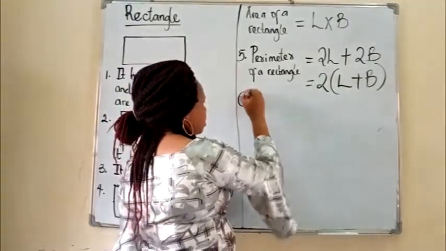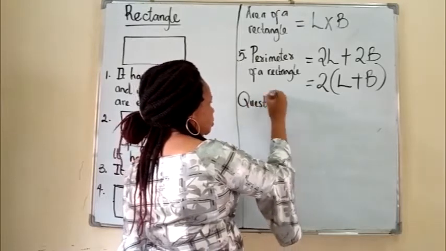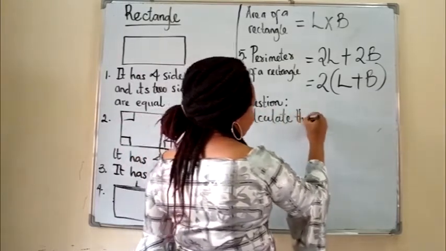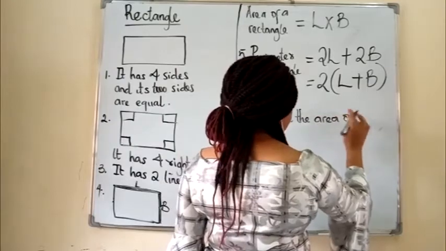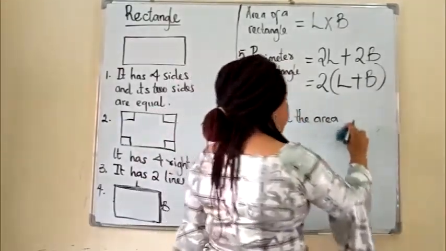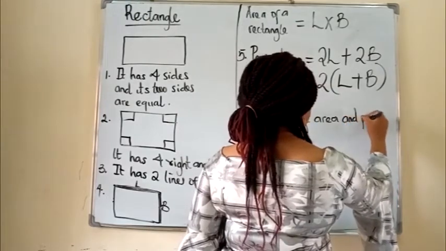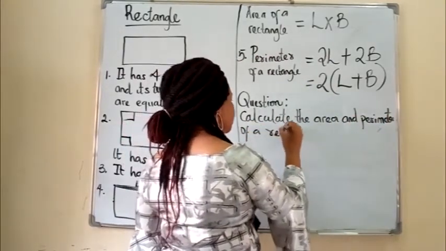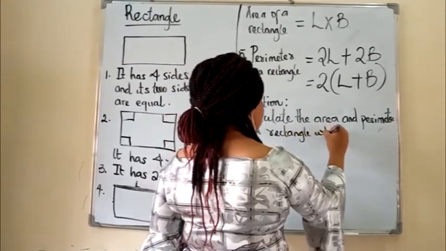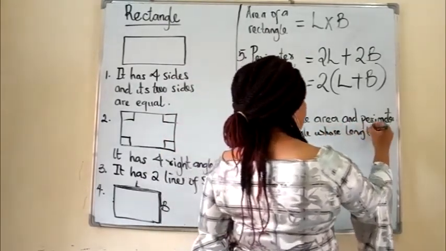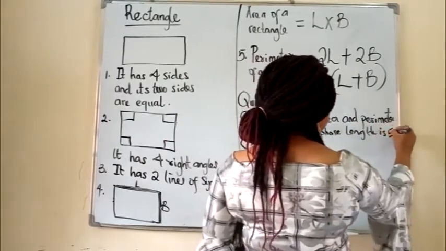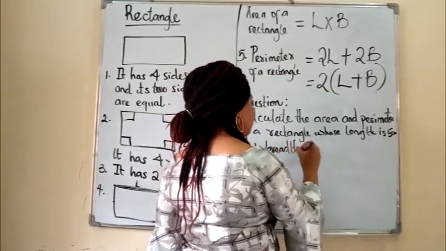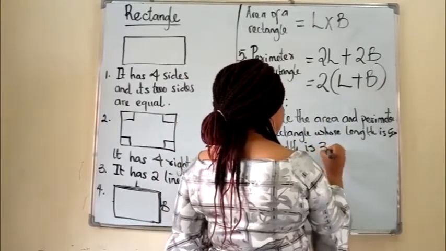Example. Question. Calculate the area and perimeter of a rectangle whose length is 5 centimeters and breadth is 3 centimeters.